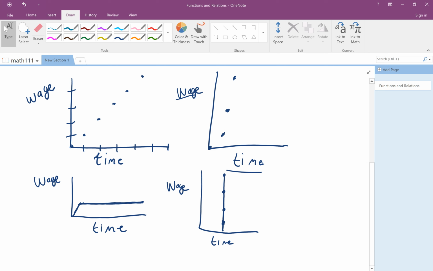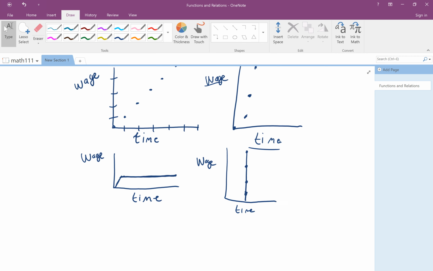Now, inside of all relations are functions. They're a little bit different.